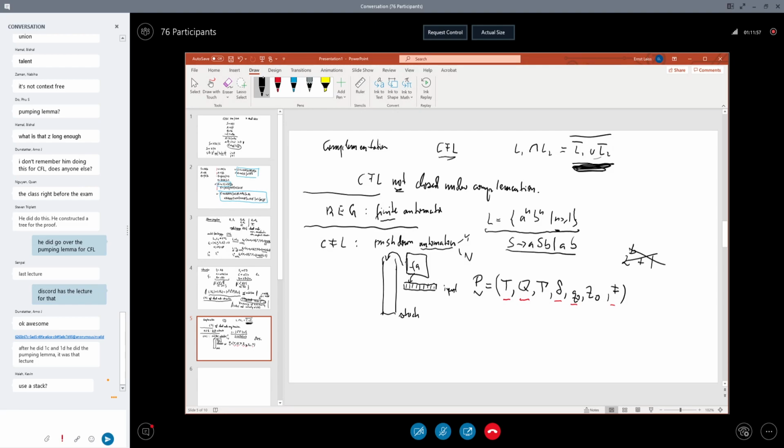The gamma is the stack alphabet of stack symbols, and the Z0 is the bottom marker of the stack. So there would be your Z0. So T is the alphabet of input symbols.